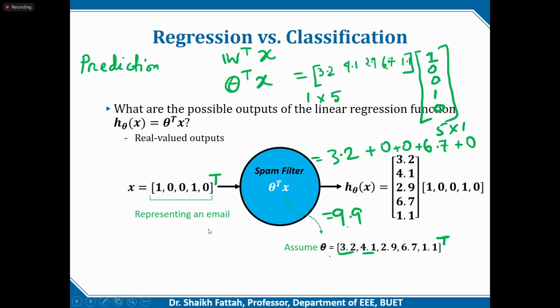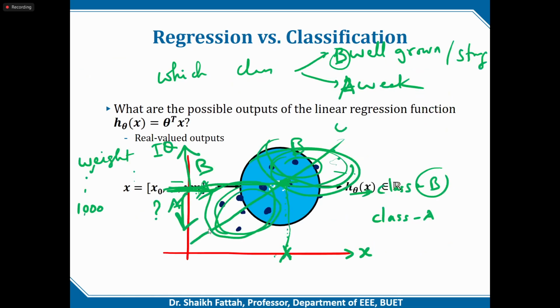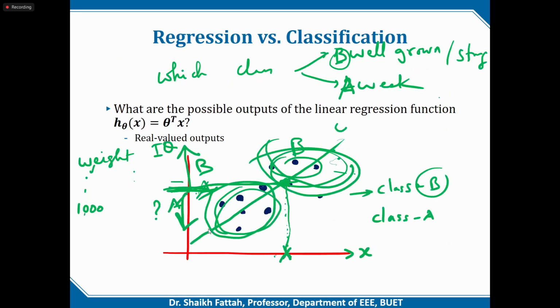So if somebody gives you theta and x, that means this line is somehow drawn using linear regression. This line is drawn. You know the theta. I give it to you. So you can predict the IQ value, which is the prediction theta transpose x.